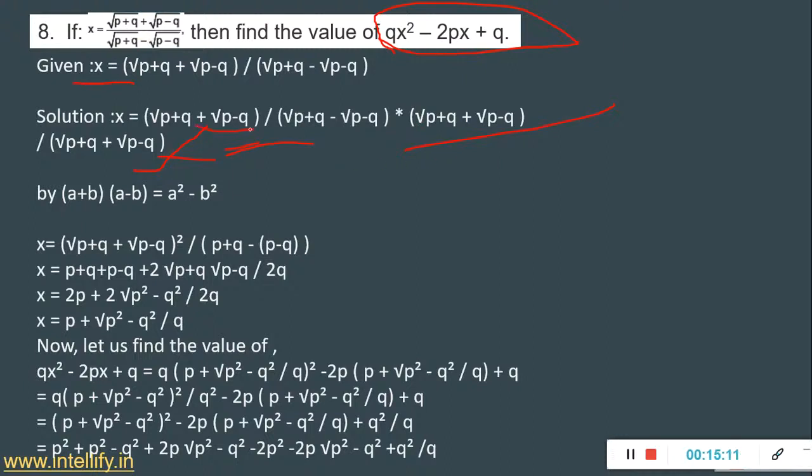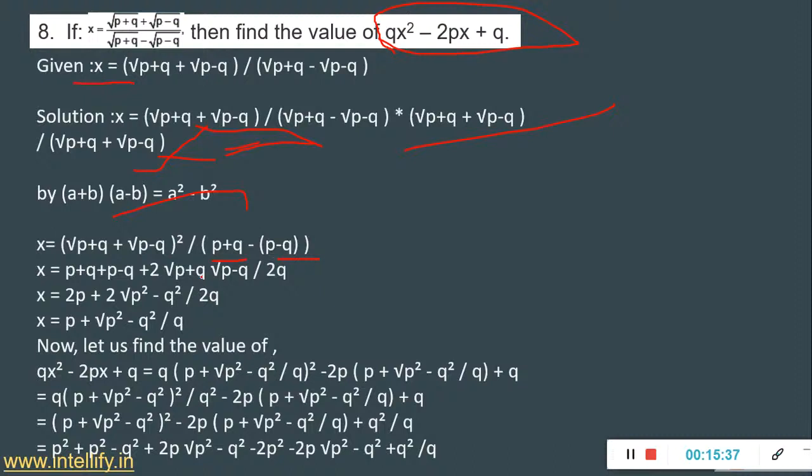Again, if we look at the numerator, we can use the same identity a square minus b square. So it will become root p plus q plus root p minus q whole square in the numerator, and the denominator will become p plus q minus p minus q, using a square minus b square. The value was in root, so if we square it, it will become p plus q minus p minus q.